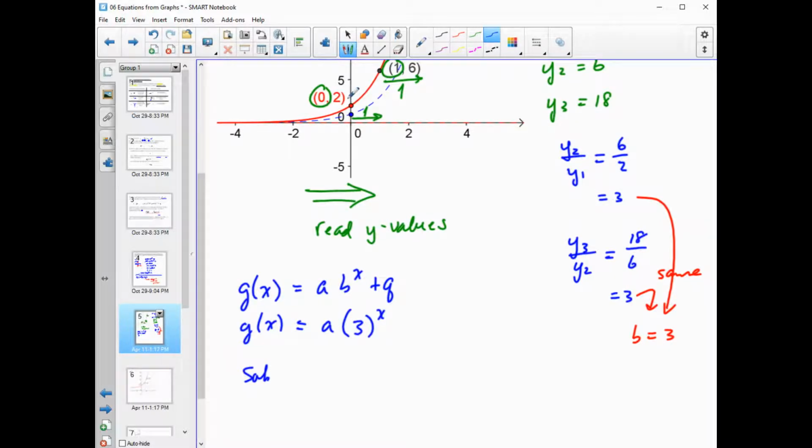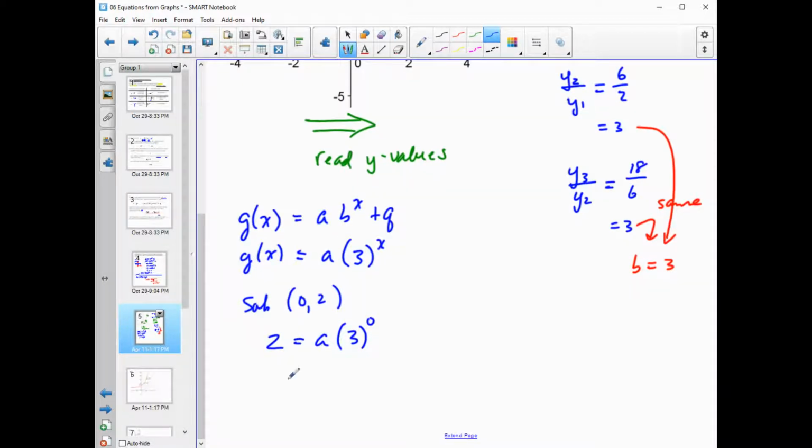Our y-intercept is at (0, 2). So the y-coordinate is 2, a times 3 to the 0, and so you get an immediate result, which is that a is equal to 2. And g of x is equal to 2 times 3 to the x.